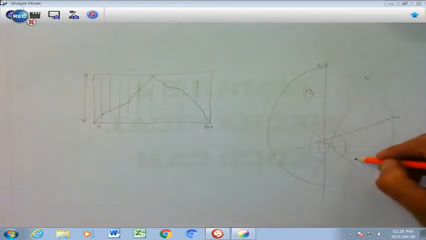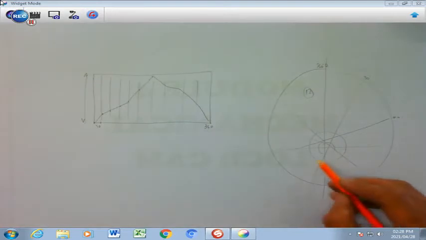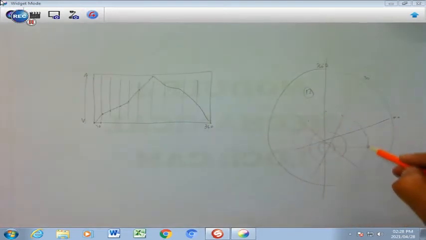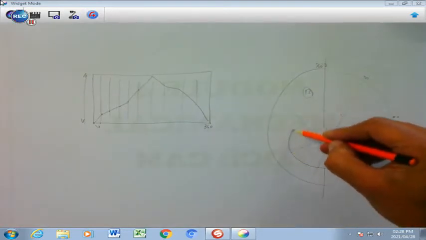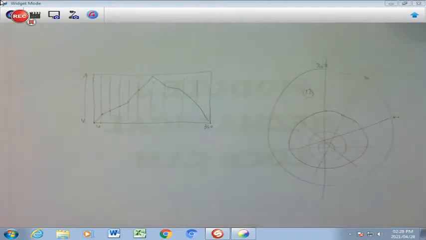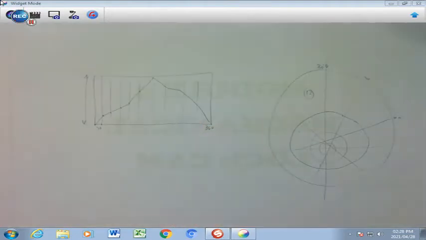Then you will plot it on the various lines as it represents each of these lines, and those points will be connected, and that would form your cam profile drawn from the cam displacement diagram.